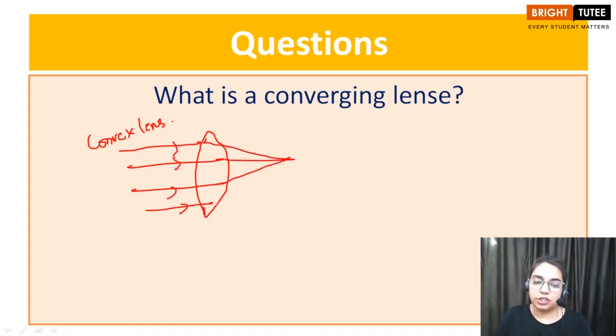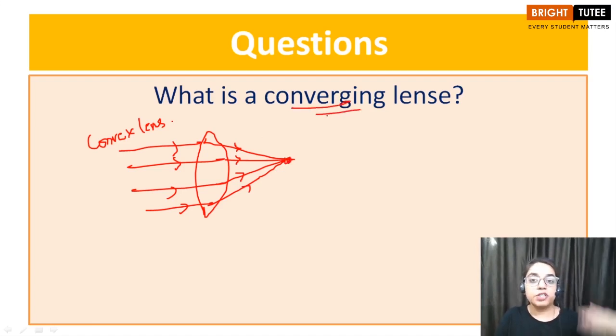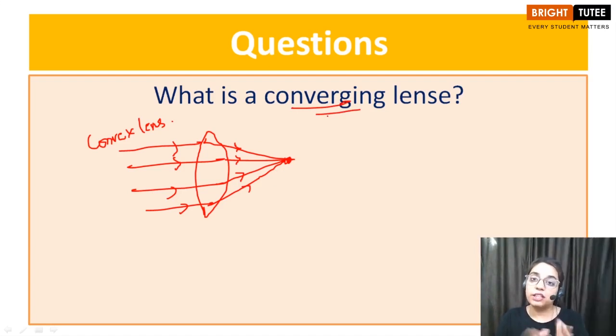Well, actually children, this is not reflection, this is another process which is refraction, about which you are going to study in detail in higher classes. But you just need to know that after passing through the lens, this converging lens will converge all the rays of light to a single point, and that is why it is known as a converging lens. Because the rays falling on it are converged by this lens.